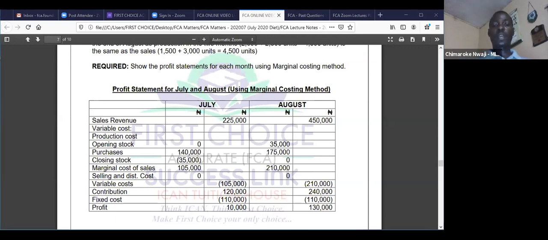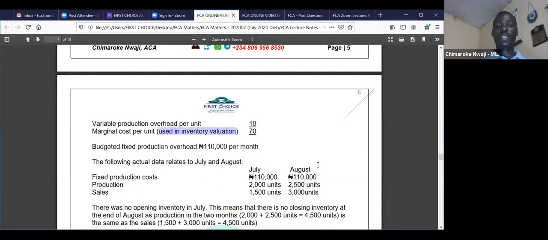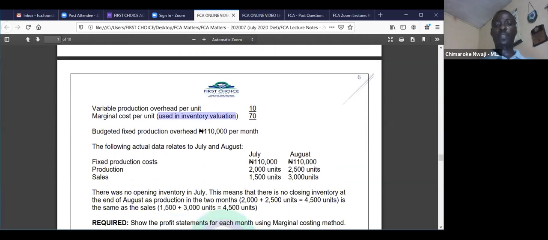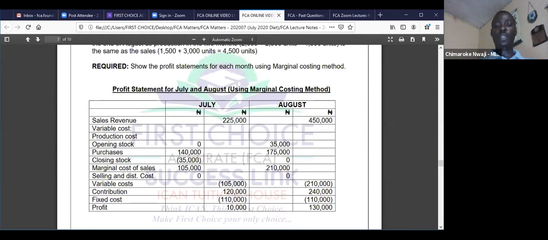So our contribution will simply be 225,000 minus 105,000. That will simply give us 120. So 120 here is our contribution. Now, the question told us that the fixed cost is 110,000. So all we need to do is take the 120 we've gotten as contribution minus 110,000. It gives us 10,000 naira profit. So that's the profit we got here.